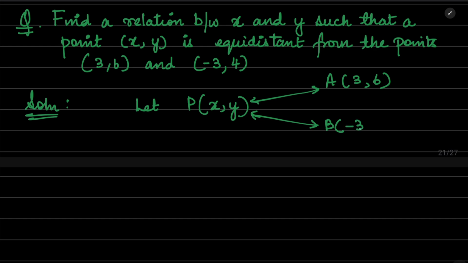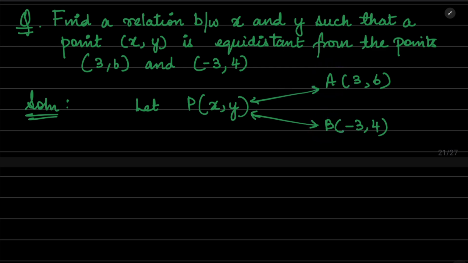B is nothing but minus 3, 4. This is what is given. You have to find the relationship between x and y such that the point P x, y is equidistant. So which is that point which will have an equal distance between the two given points A and B? So we have to just assume.